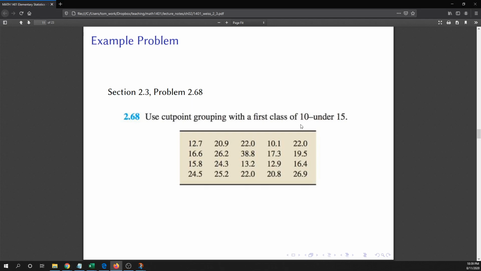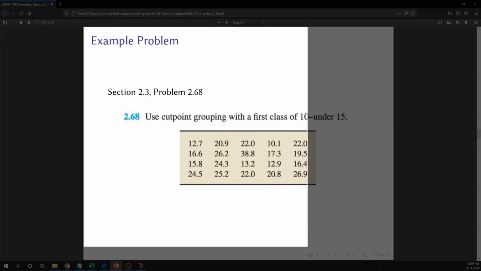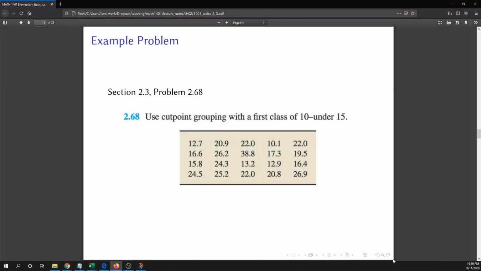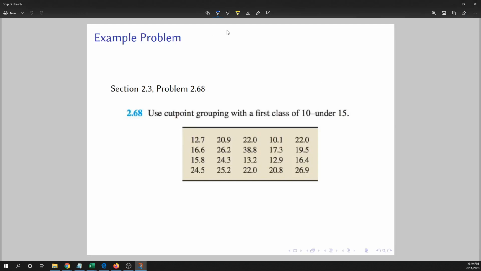All right, so the first class is 10 to under 15.